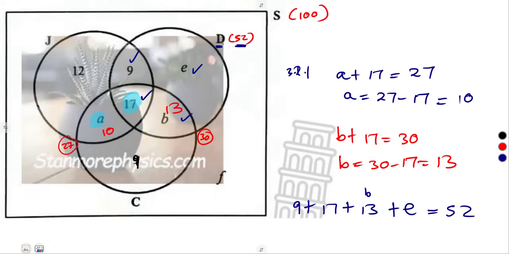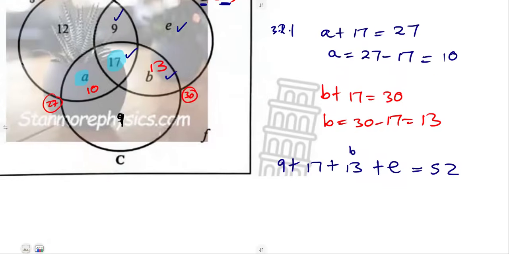So we have an equation that we can solve for E. That's simply an equivalence to say E is equal to 52 minus, we take the 9 to the other side, the 17, the 13. Or simply to say 52 minus the sum of 9, 17, and 13.